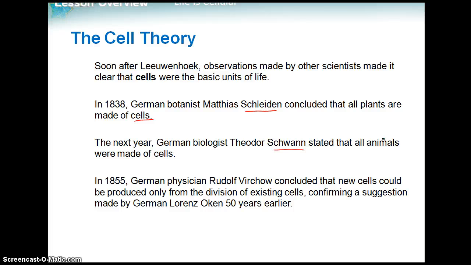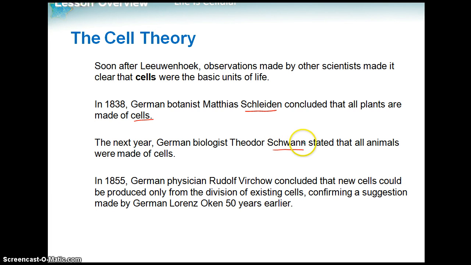All right, so when we put those two things together, along with what Robert Hooke and Van Leeuwenhoek put together, we see the first two postulates come together. One, that all living things are made of cells, and two, that cells are the basic unit of structure and function.